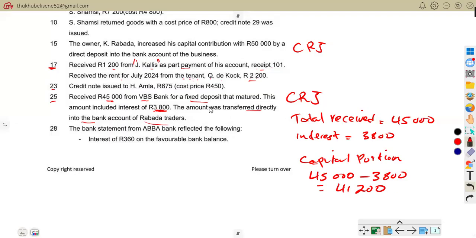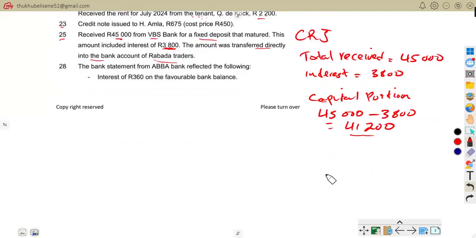So to get a net fixed deposit of 41,200, we subtract the interest that we were told was included. Hope we get that straight. So now, going to record that, 41,200 is going to go to fixed deposit.